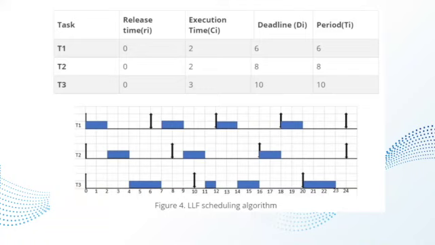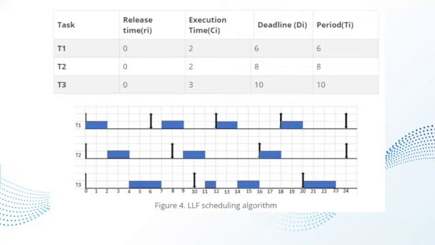Similarly, at time 1, the priority is calculated, and it's going to be 4 for T1, then T2 has 5, and then T3 has 6. So again, due to the least laxity, T1 continues to execute. Next, at time 2, T1 is out of the system, so now we have to compare the laxities of T2 and T3 as follows.